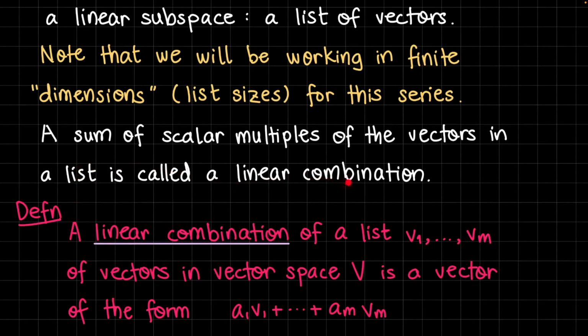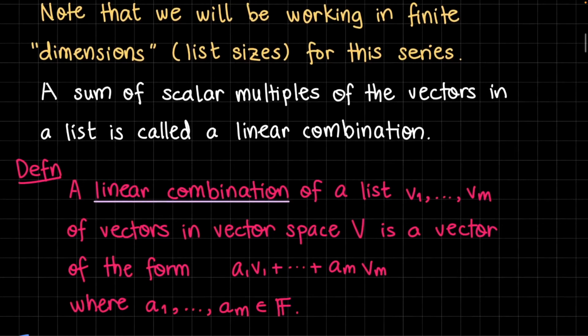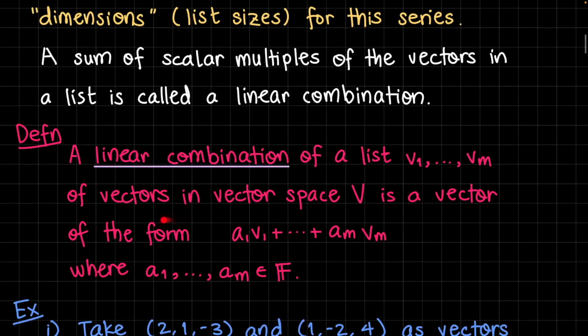A sum of scalar multiples of the vectors in a list is called a linear combination. So let's define this more mathematically, more rigorously. A linear combination of a list v1 through vm, so it has m elements, m is finite, of vectors in a vector space V, is a vector of the form a1 v1 plus so on am vm, where the a1 through am all belong to the field.